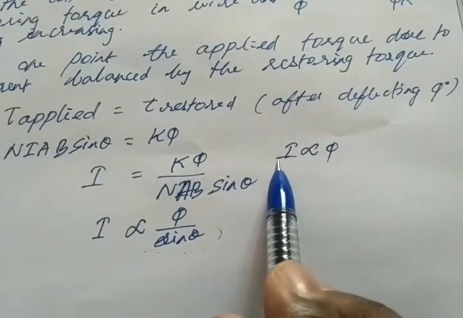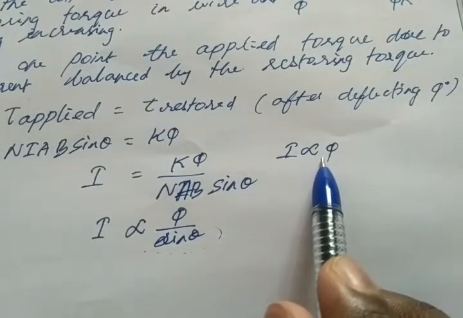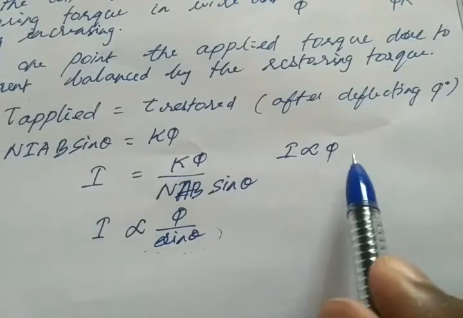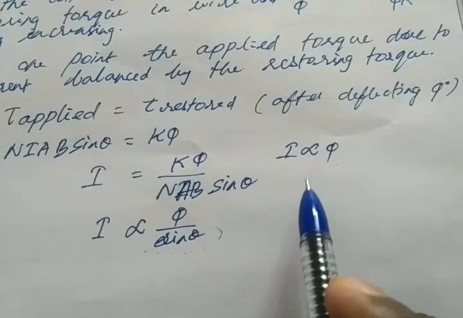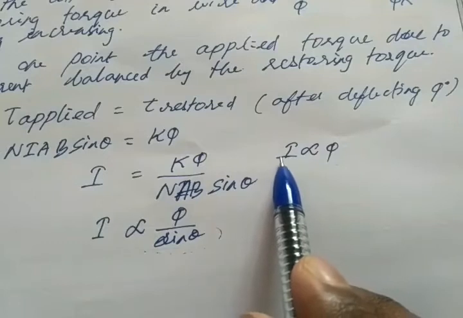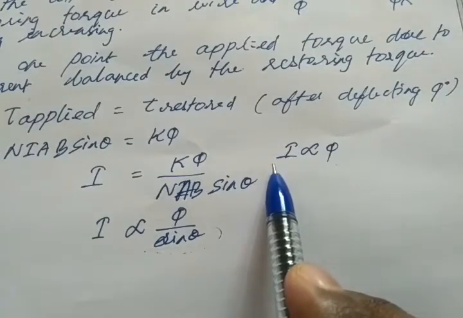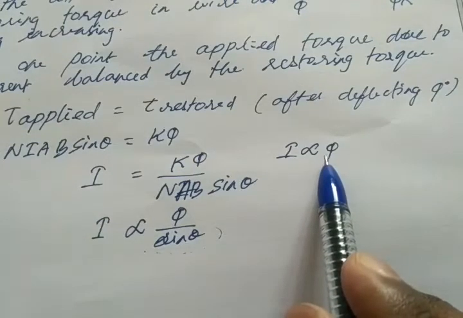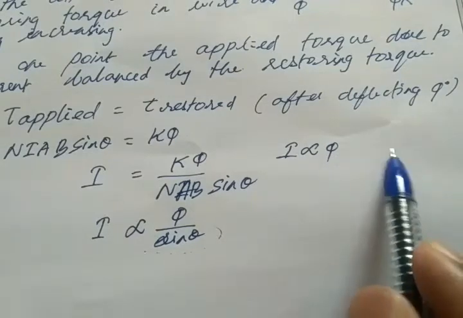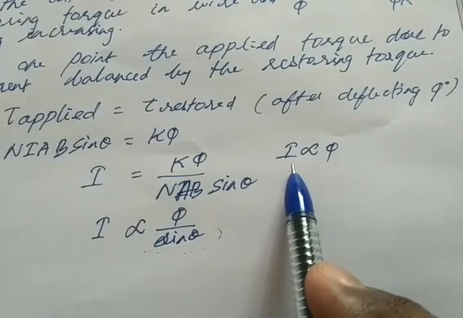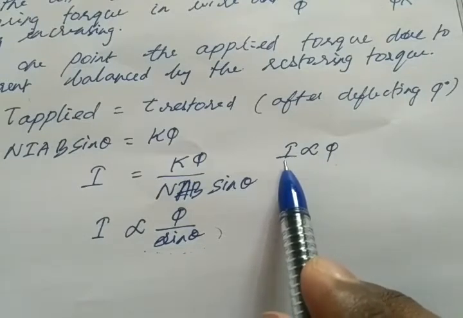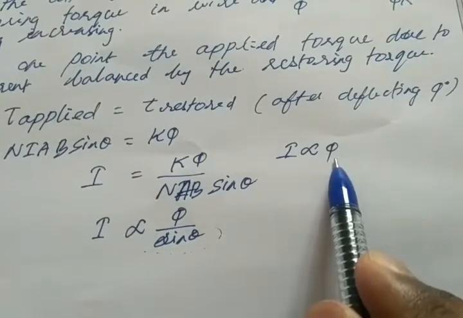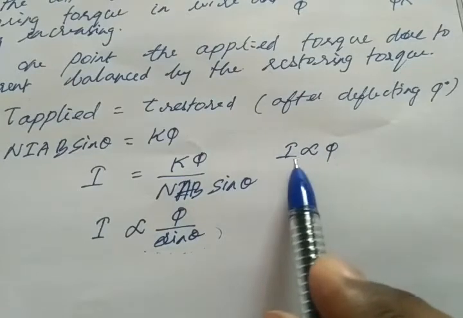Our input current is directly proportional to the deflection produced in the pointer, or in the coil. If I give an input of 4 ampere current, then the pointer will deflect from 0 to 4, which means the current is 4 ampere, or the current is 0.4 ampere. So the deflection is directly proportional to current.